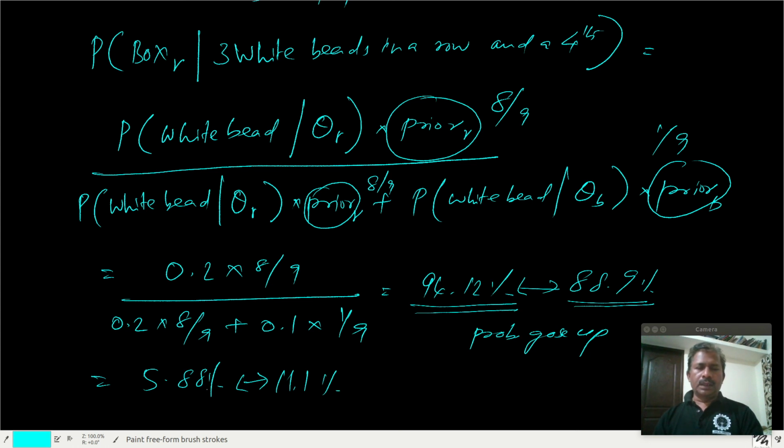Now picking another bead, which happens to be white, it becomes 5.88%. So the probability value goes down in this case, right?